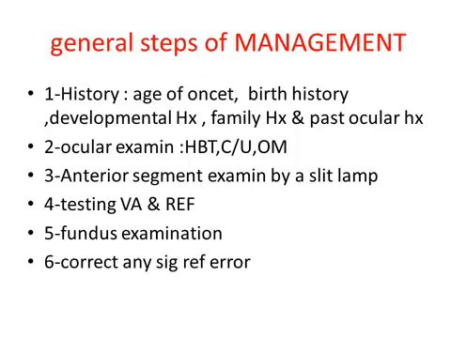Number 3, anterior segment examination by the slit lamp, because as we said, sometimes corneal opacity or cataract are the causes of squint. Number 4, testing visual acuity and any associated refractive error is crucial, because for certain types of squint, as we explained, like accommodative esotropia, the treatment is by simply correcting the hypermetropia. Also, in alternating divergent squint, sometimes you just give minus glasses, an over-minus, and the problem is solved.